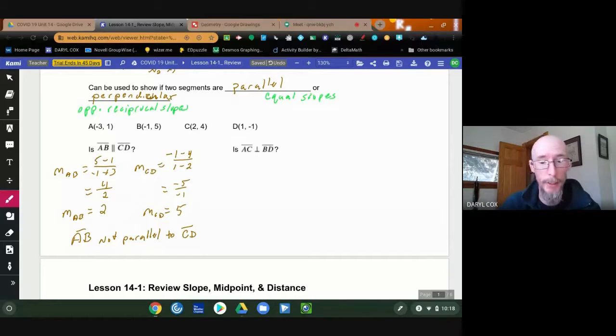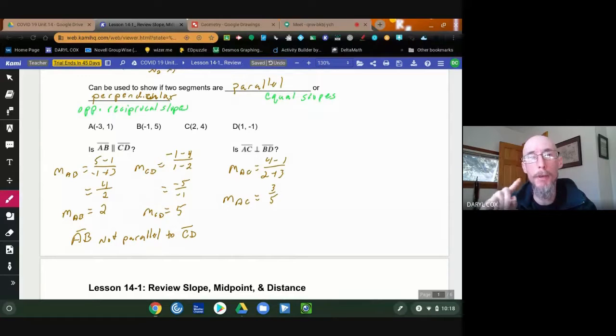This time perpendicular. AC and BD, so they're different. So the slope of AC is going to be, let's see, 4 minus 1 and 2 minus -3. So that's 3 over 5. That's pretty easy. Slope of AC is 3/5.